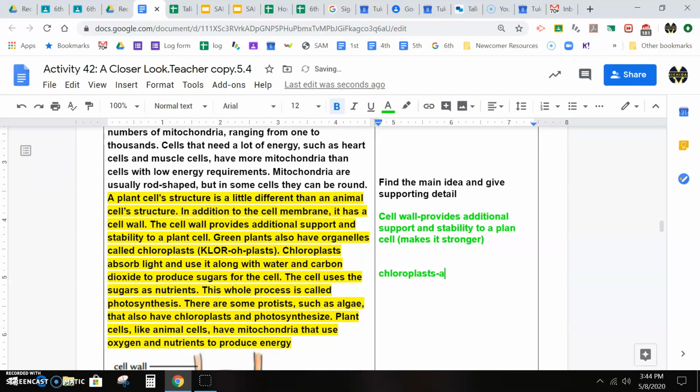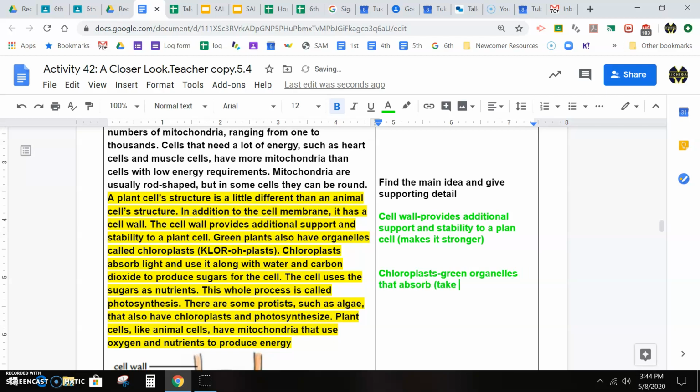So I'm going to put that also in green because, again, these are about plant cells. Chloroplasts, they are organelles. That means they're tiny little parts or structures in a cell. And they're green. That's going to help us too. They're green organelles that absorb.